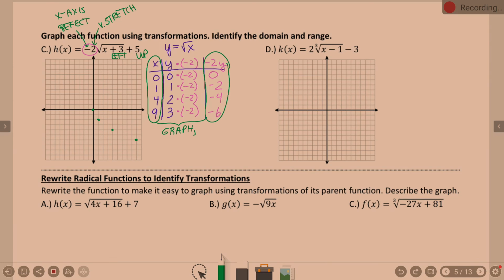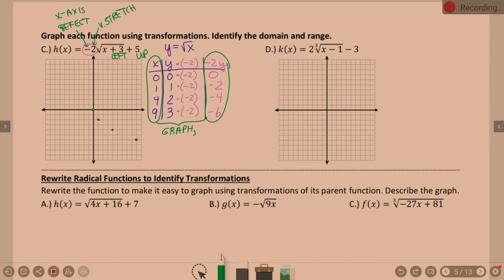Now, what is that the graph of right now? That is the reflection because it's upside down, and it is the vertical stretch. What else do I have to do with that?